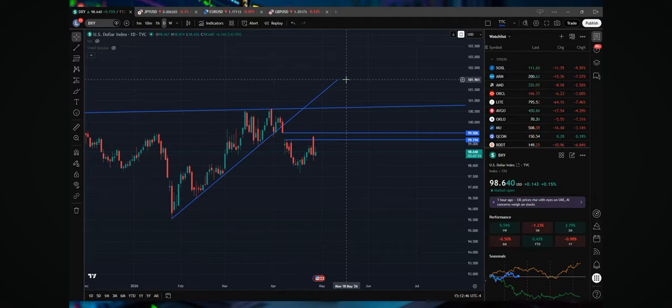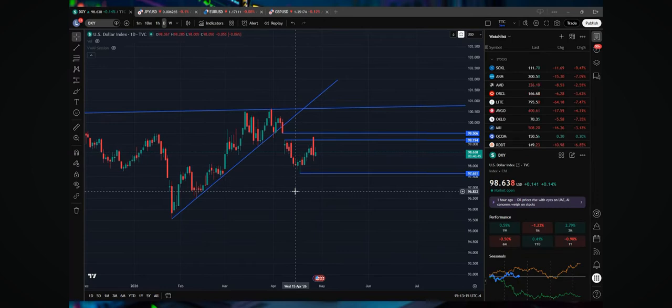So now, instead of being just below 100, the conversation is about whether 98 to 98.5 is the floor, or if we're heading towards another gap fill should it continue a bit lower. I believe there's a gap fill here around 98 exactly. Pivot low down here at 97.6. So plenty of levels to watch here on the DXY.